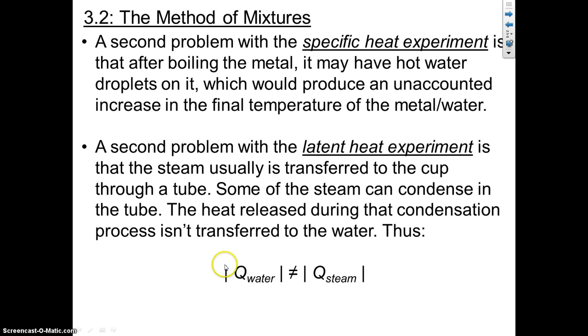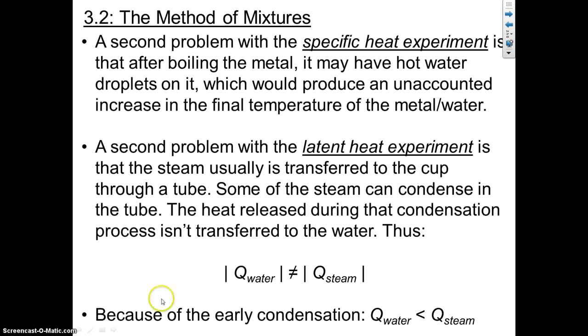Thus, this is not equal, right? Which one is bigger? Well, there's some extra heat being released by steam, which doesn't make its way into the water, which means that because of this early condensation, the heat that is gained by the water will be slightly less than the heat given off by the steam. Okay, so this is a problem.